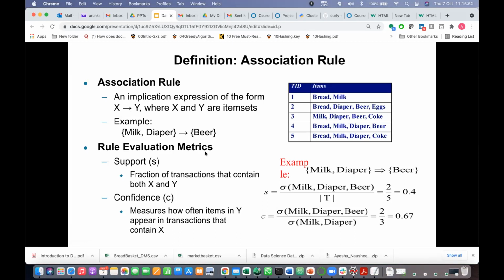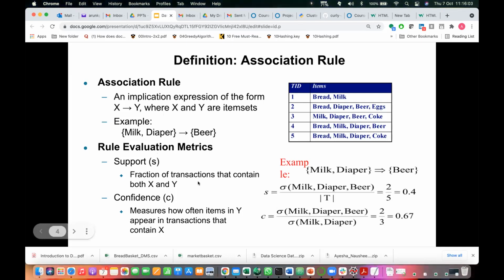Rule evaluation metrics: how do we define whether it is an association rule or not? First of all, we need to see support, the fraction of transactions that contain both X and Y. To compute the support, we take X union Y and see how many transactions support X and Y together, not individually.